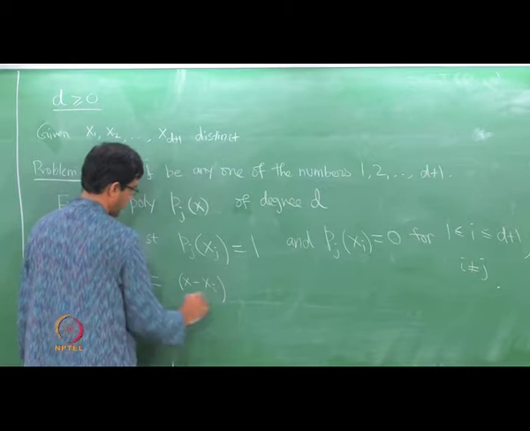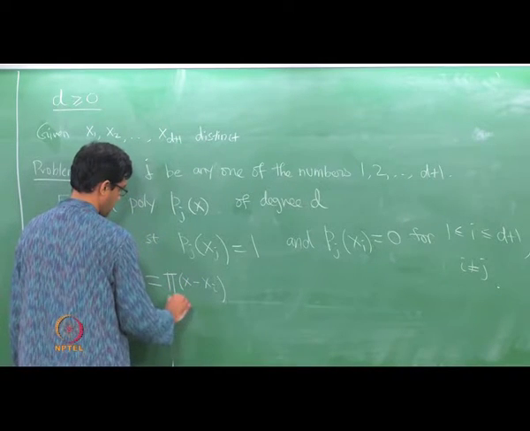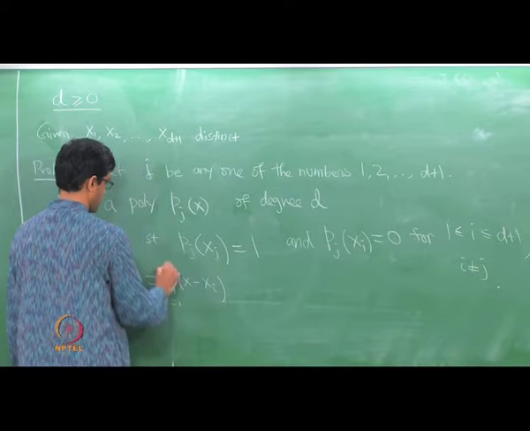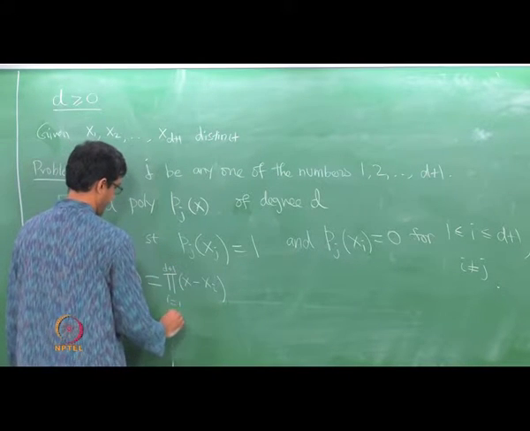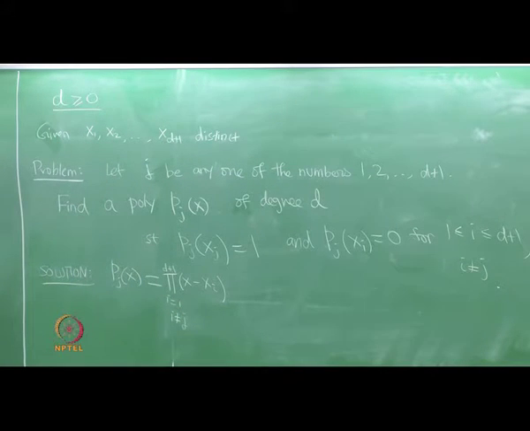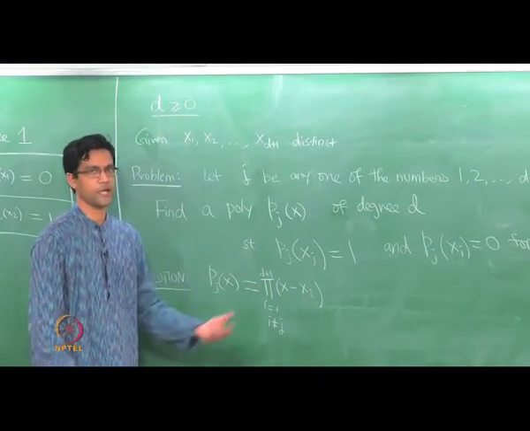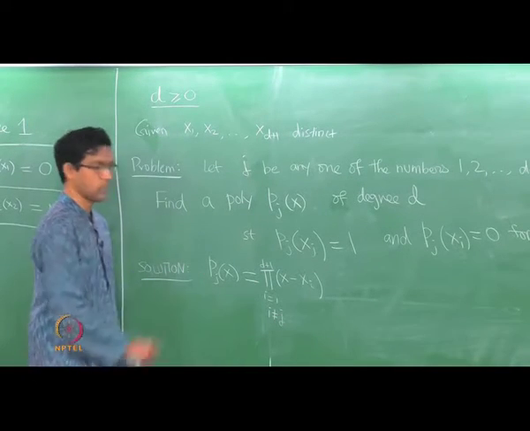In general, all the x minus xi's, so let us write it as a product. So pj of x must certainly have all of these as factors, the product of all the x minus xi's except for i equal to j.